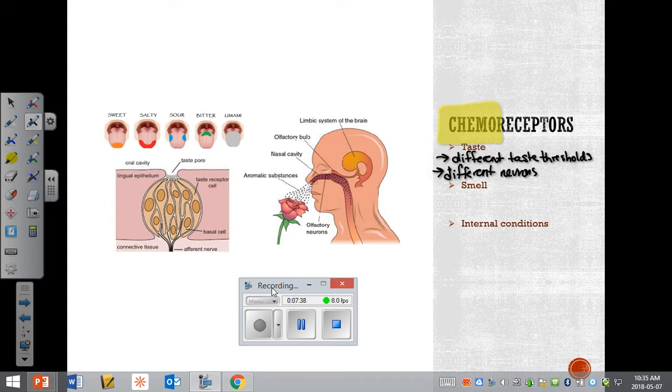When we're talking about taste, remember all sensation starts with a sensory receptor that goes to a sensory neuron. In this case, it is the parietal lobe of your brain that is going to help interpret taste.